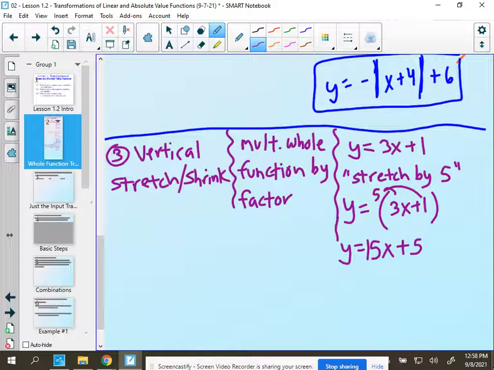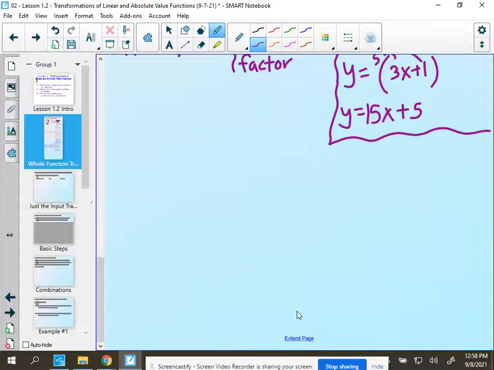Let's do a shrink, and let's do a shrink on an absolute value. We're staying consistent here, doing one of each example. So we could have something like y equals 3 times the absolute value of x minus 7, minus 9. Ooh, nasty.